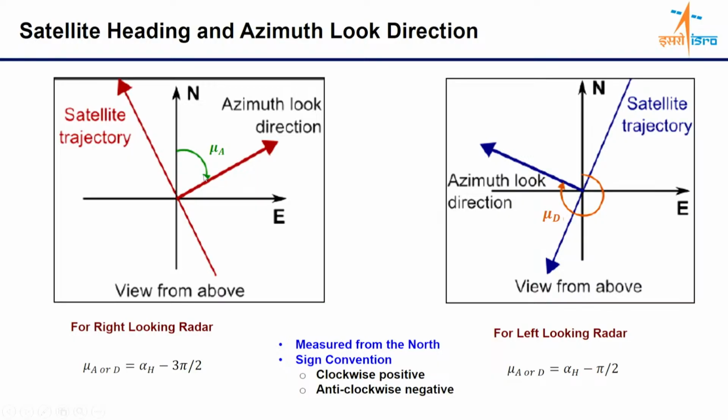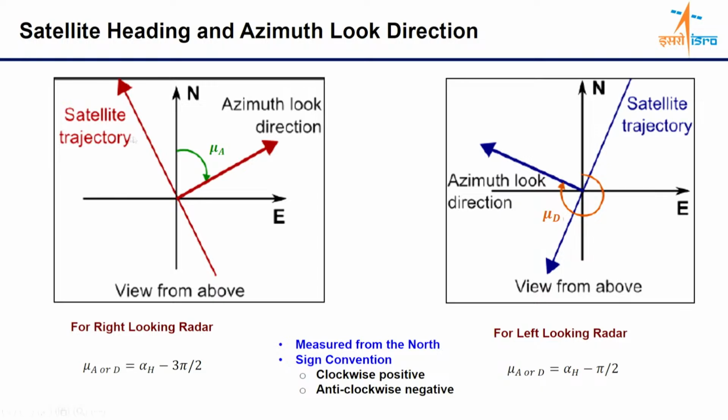Okay, so this angle is plus 75, or you can say this is minus 285, means if this is 75, so the angle from here to here it will be 360 minus 75, which will be around minus 285. So you can write azimuth angle as a minus 285 degree or plus 75 degree.